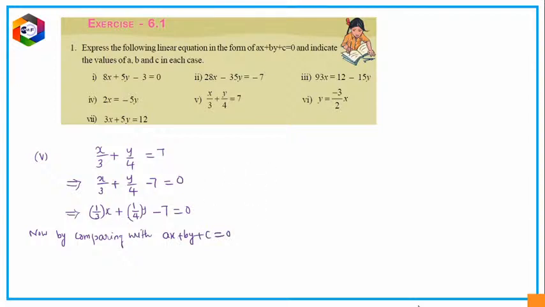The a value is x coefficient, b value is y coefficient, and c value is constant term. Now it is very clear. a will be equal to 1 by 3, b will be equal to 1 by 4, and finally c will be equal to minus 7.